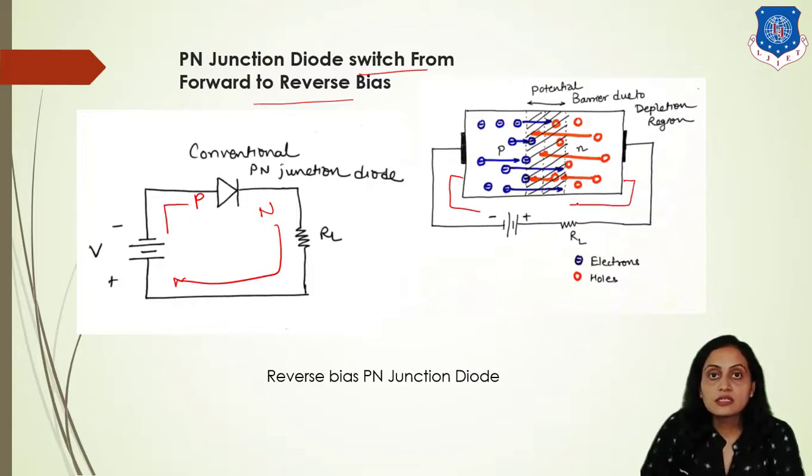As there was a large amount of carrier movement in the forward bias, if we apply a sudden reverse bias to this particular diode, then momentarily there will be a movement of carriers, and this movement of carriers causes a current even though we have applied the reverse bias, and then the current reduces to zero.